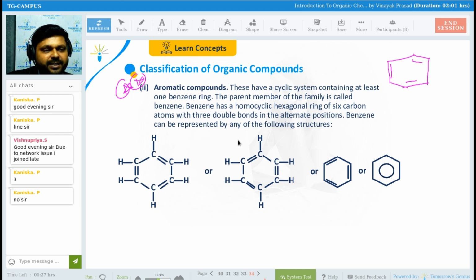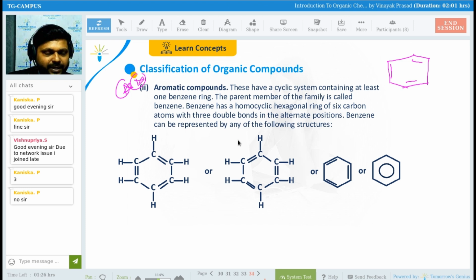If double bonds are coming at alternate positions in a benzene ring, because benzene ring is the combination of 6 carbons with 3 double bonds, it means this is an aromatic compound.